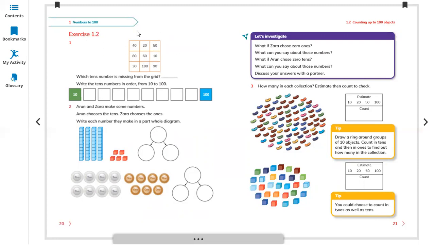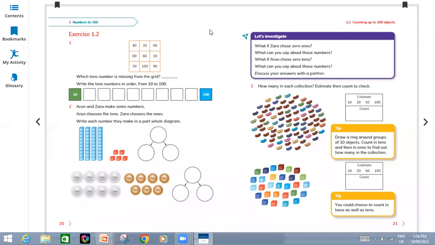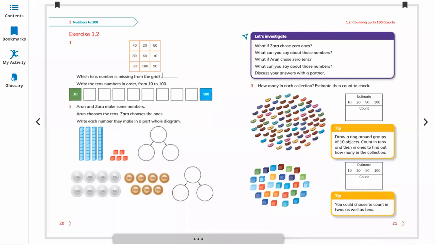I cannot find it anywhere. So we have 80, 90, and 100. Which 10 number is missing from the grid? So it's easy. It was 70 that is missing from the grid.